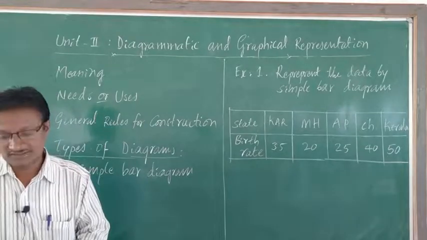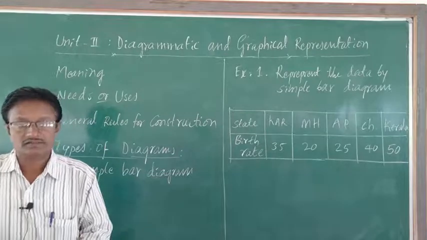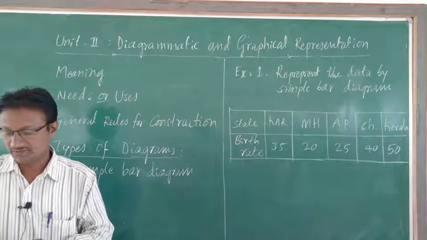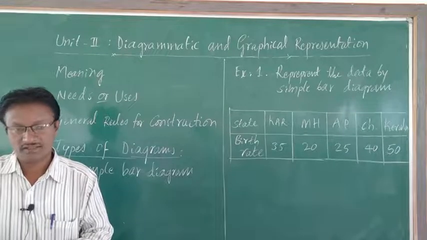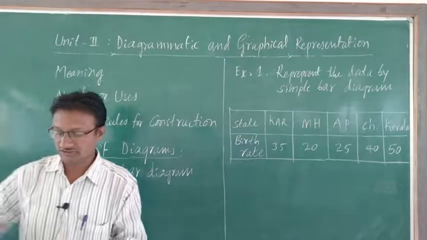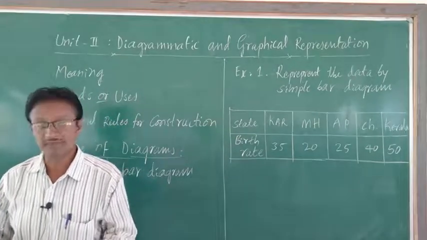Next, what are the needs or importance or uses? Number 1, they are attractive. Diagrams and graphs are attractive to the eye and more useful in drawing conclusions about the collected data than the figures.